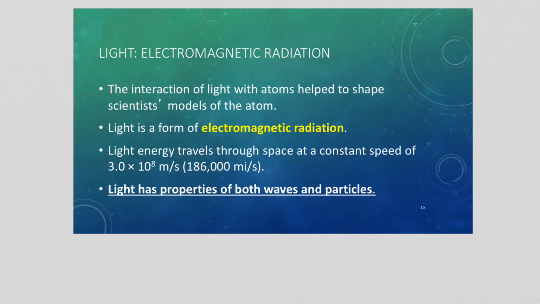So these things are interconnected in the theory. So what we should understand is the light. And when I say light, we typically mean visible light. What we see is one form of what's known as electromagnetic radiation.